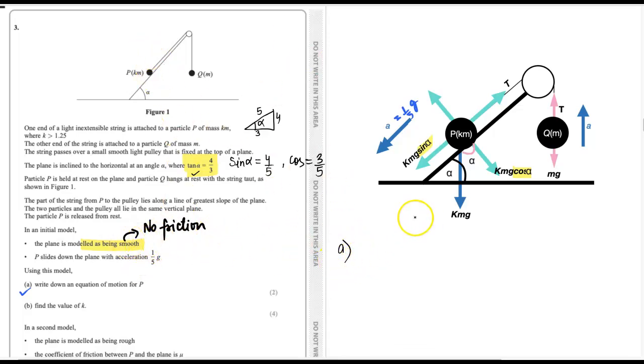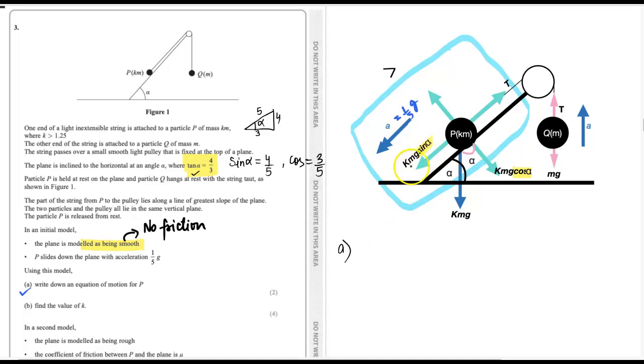For A, we need to write the equation for P. So for P, let's just focus on P only. Looking at these forces, we have acceleration downwards, so the downward force is stronger. The force down the slope is stronger than the force up the slope.